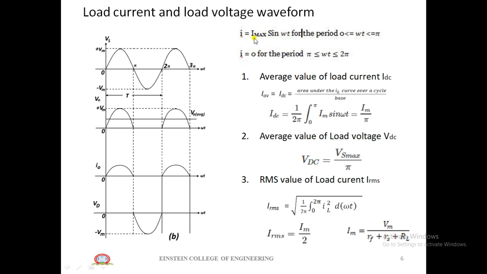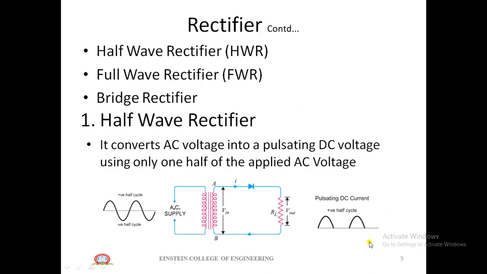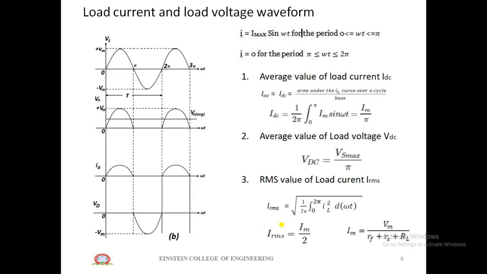The maximum current value Im is given by Im equals Vm divided by Rf plus Rs plus RL. Rf is the forward diode resistance, Rs is the secondary winding resistance, and RL is the load resistance. Thus, we can find the maximum current value.